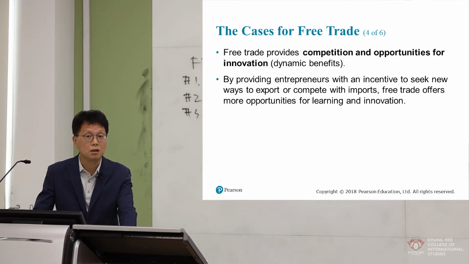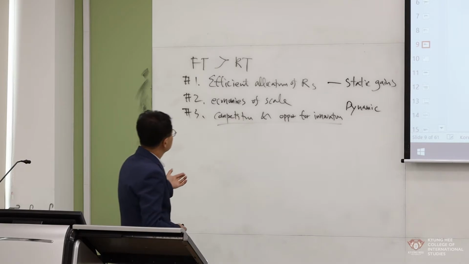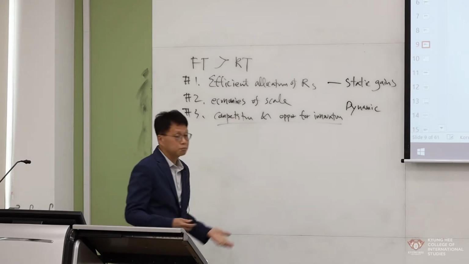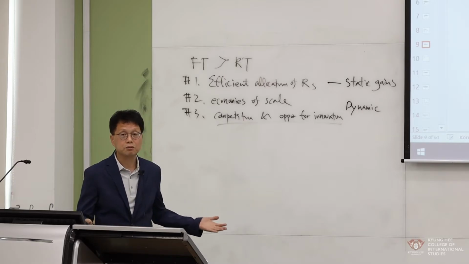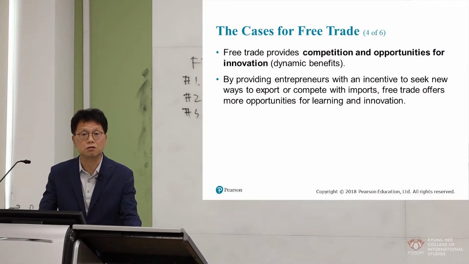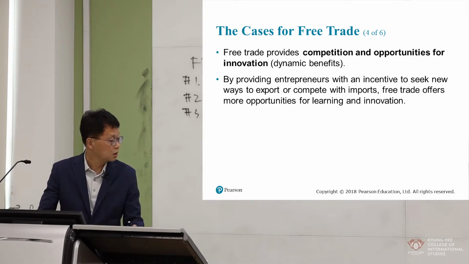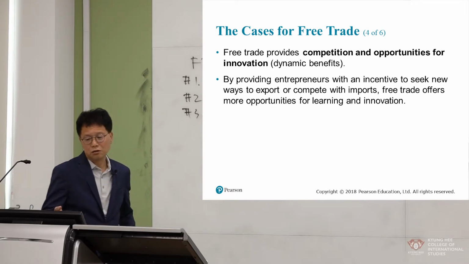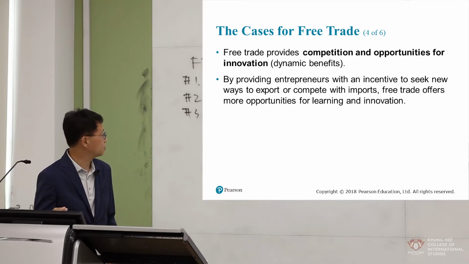Can you understand? The same thing happens in this international trade class. If we don't allow competition between students, right, then what happens? Students have no incentive to study at all, because we have lots of exams to test students' capability in a relative system.